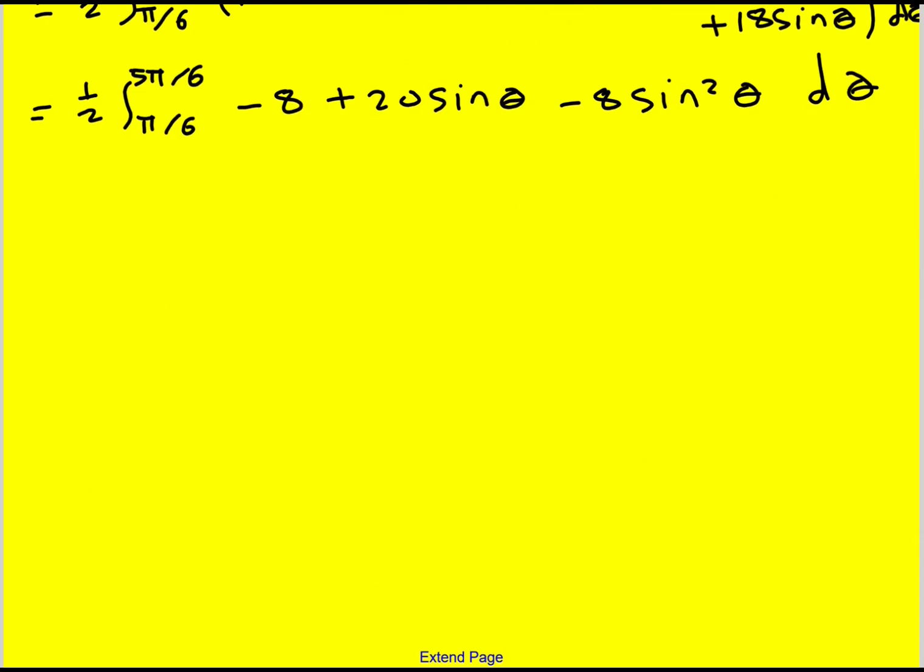Okay. First two are simple to integrate. The sine squared is a little bit more involved, but it's one that you should have seen many a time by now as you practice. We're going to use double angle formulae. Cos 2a is cos squared a minus sine squared a. Replace cos squared by 1 minus sine squared.